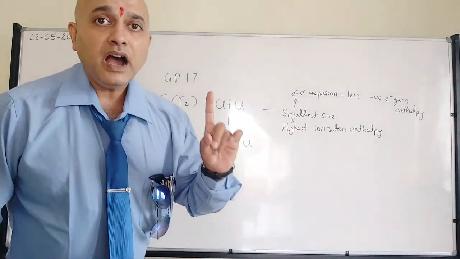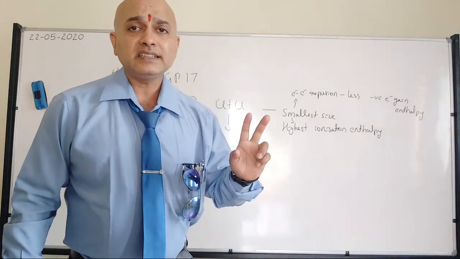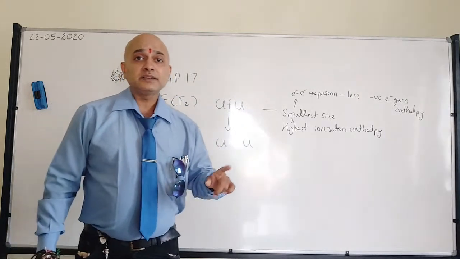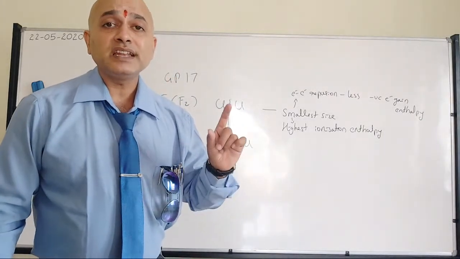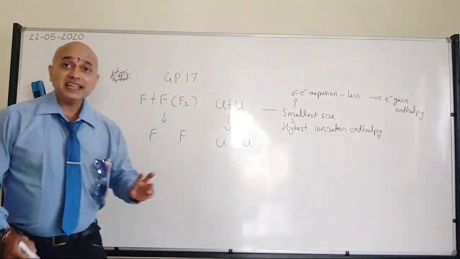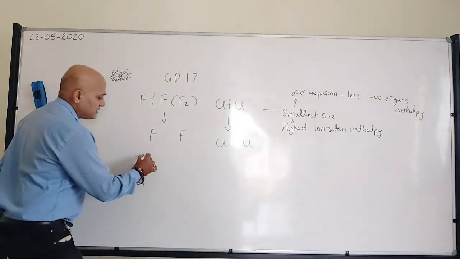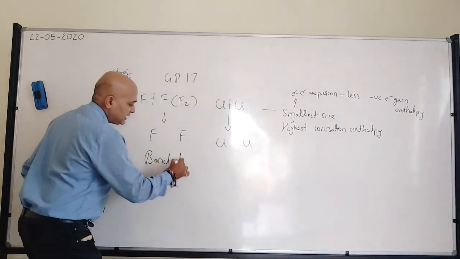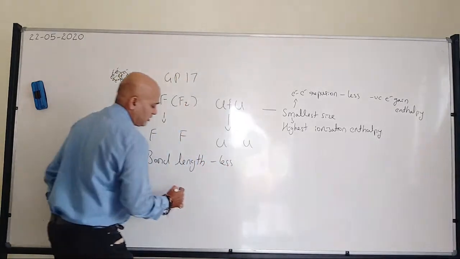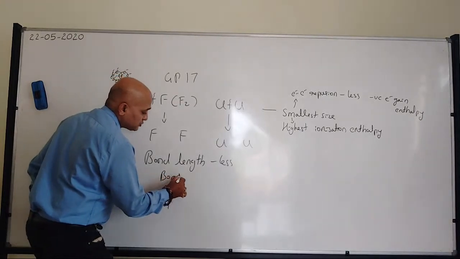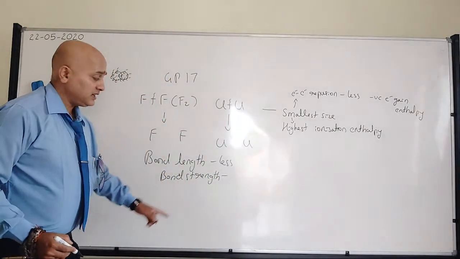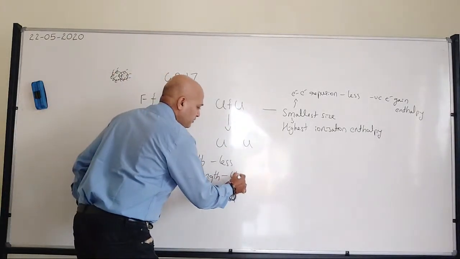Please remember, although bond length is less, still bond strength is very low. In the fluorine molecule, the bond length is very short, so bond strength should have increased, right? Because they are inversely related. But here bond strength is also weak.